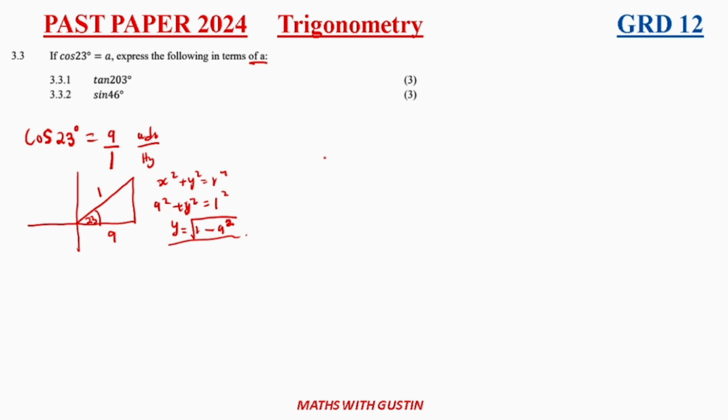All right, so now we know what y is. It is given by this, and is definitely positive. So let's have a look at question 3.3.1. There you go, tan 203. I always say this to my learners: where is 203 sitting on our Cartesian plane? This is 90, this is 180, this is 270.